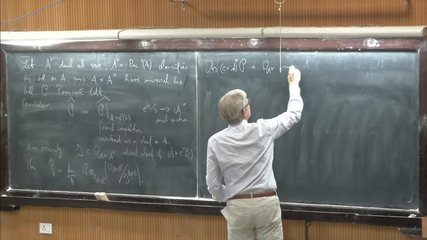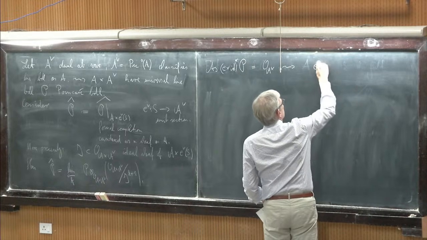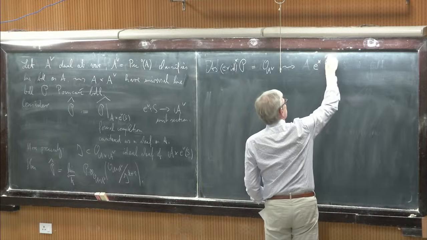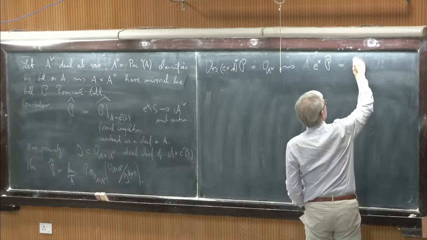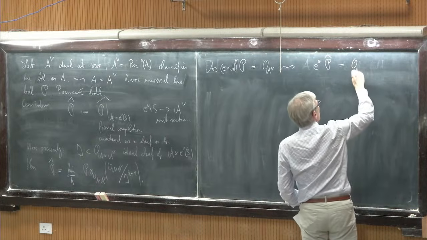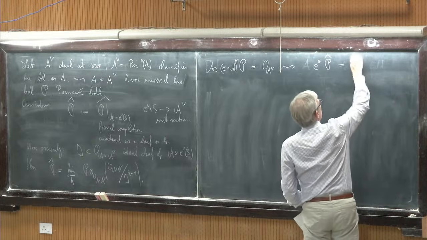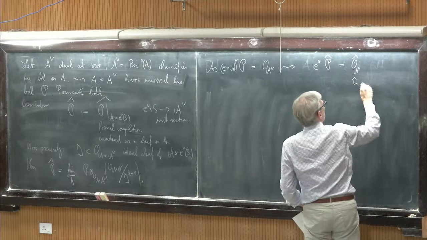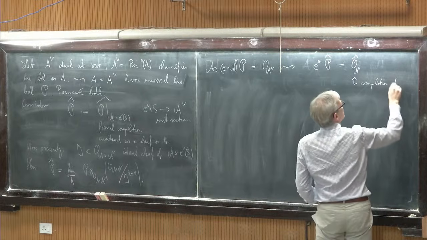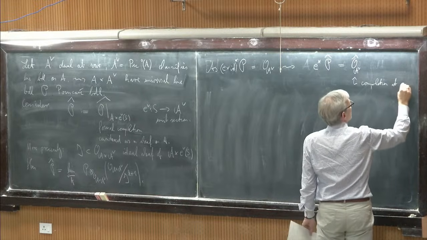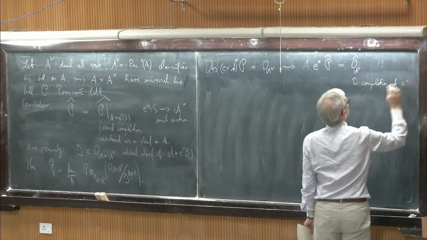And this implies that if you pull back this completion considered as a sheaf on A, what you get is the completion of the structure sheaf at the unit section.